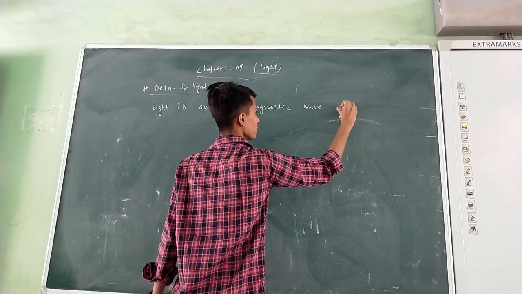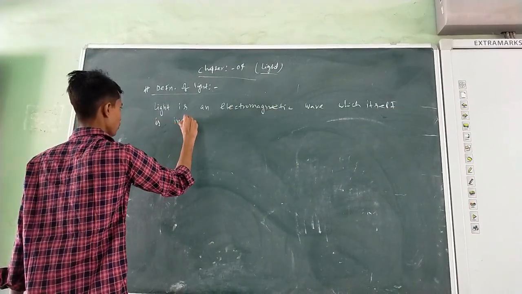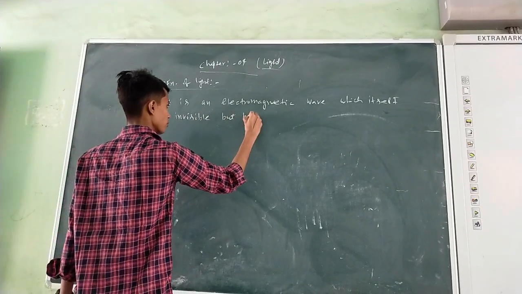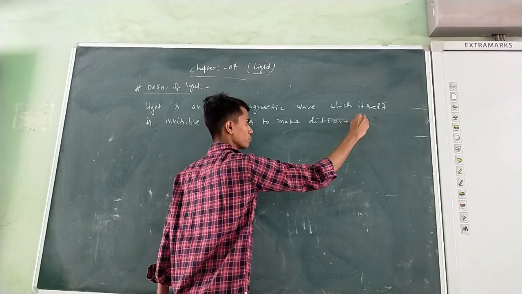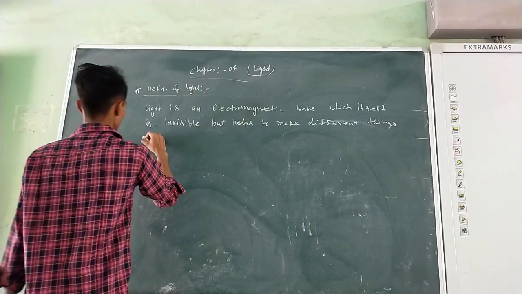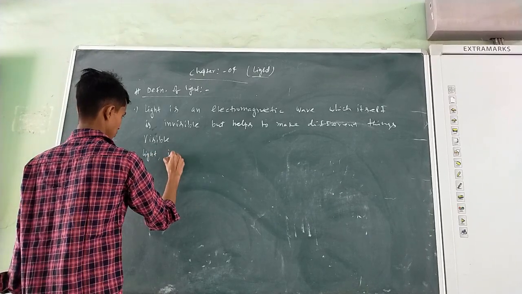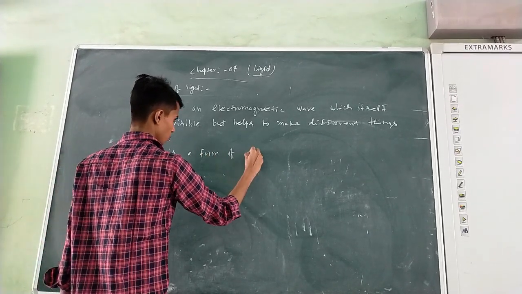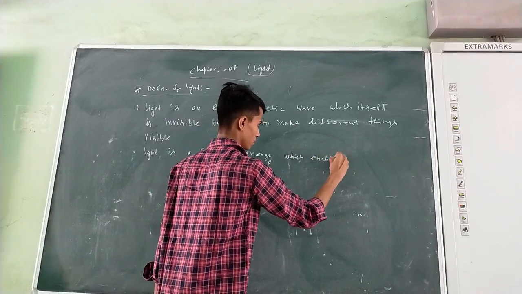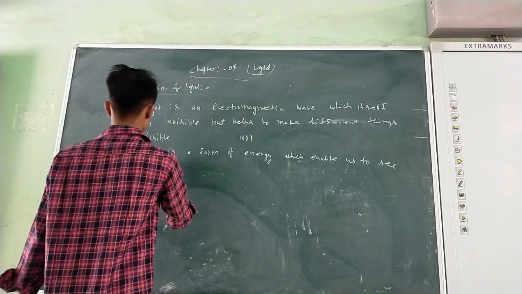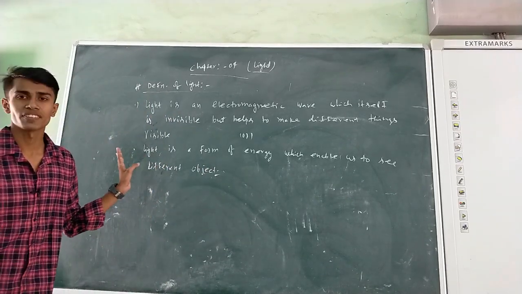Light is an electromagnetic wave. Now, we will go through these two definitions.